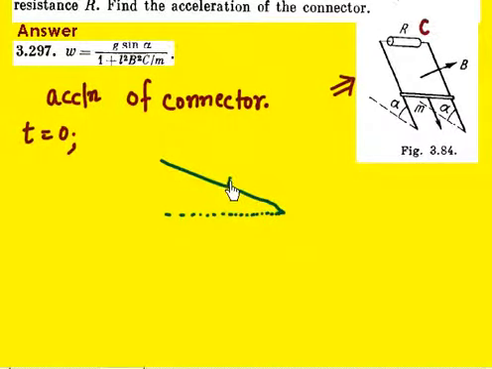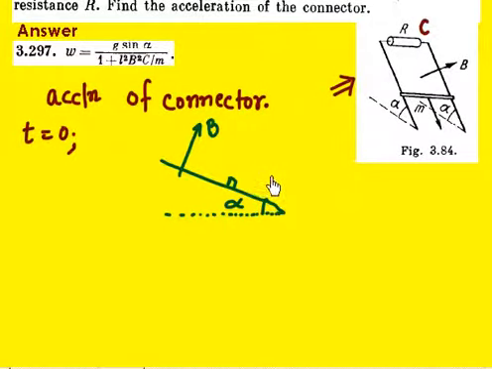So let me make the connector something like this. This is my connector, and this angle is alpha. And now here I have a capacitor. So this is my system. Now what is B? B is perpendicular to this inclined plane.